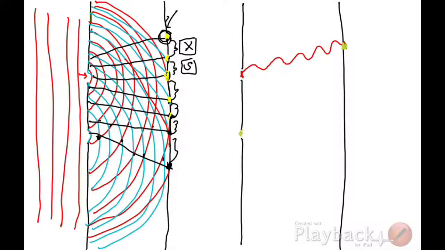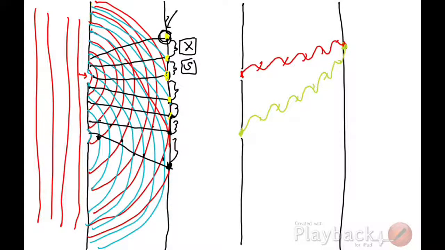So maybe, since this one's traveling farther, instead of 1, 2, 3, 4, 5 wavelengths, maybe it's 1, 2, 3, 4, 5, 6 wavelengths, and then it gets there. And the red one had 5 wavelengths before it got there.